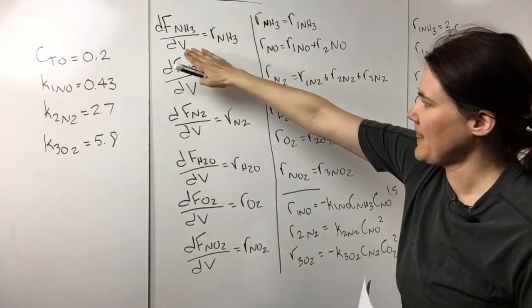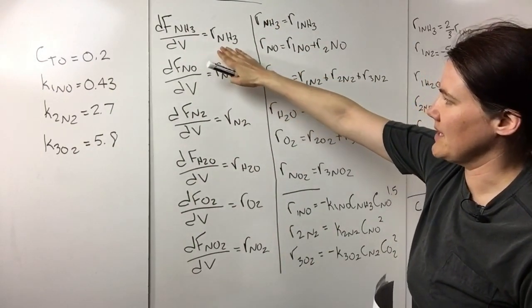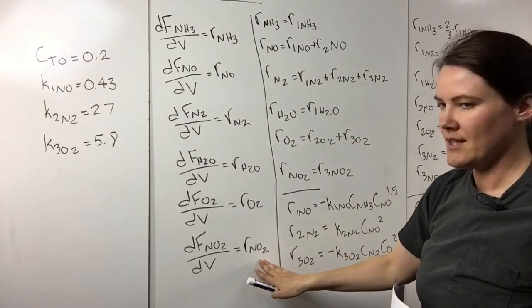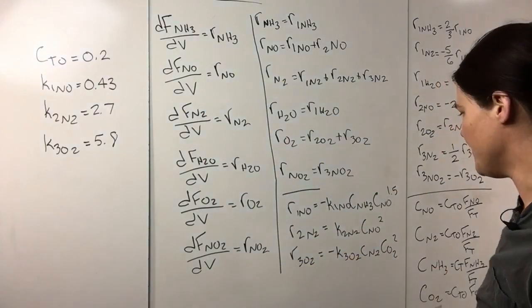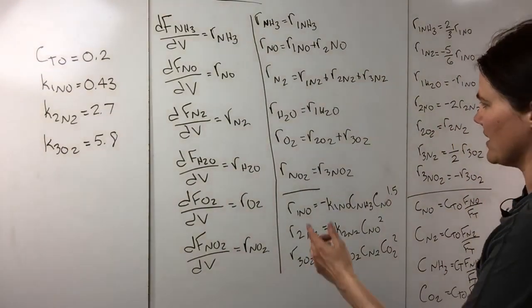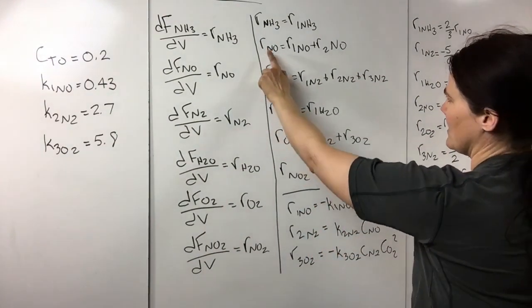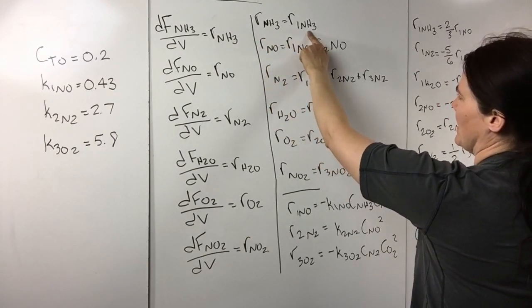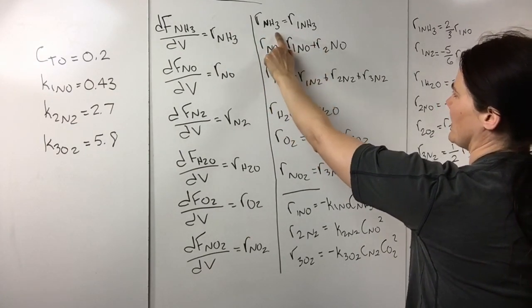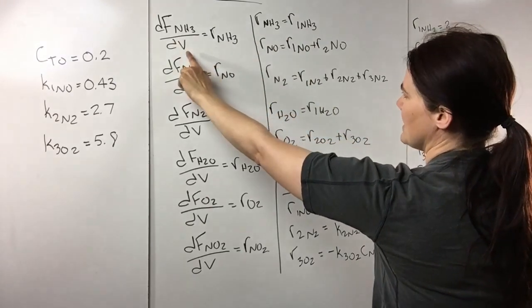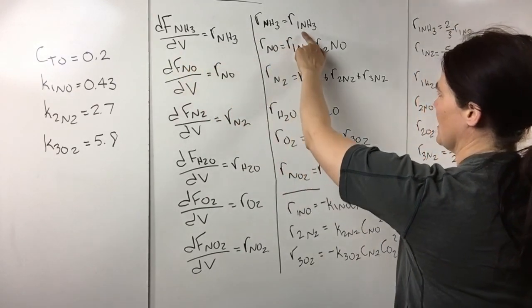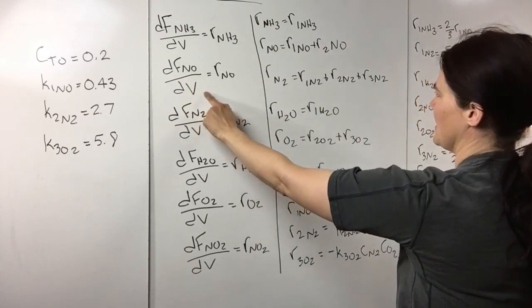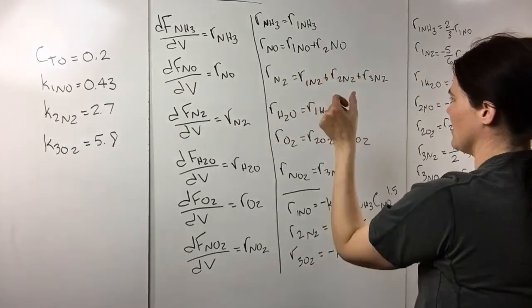So we have dFNH3 dV equals R NH3, and we have that for each species. And theoretically you could also enter, so I have R NH3 equals R1 NH3, so theoretically you could put dFNH3 dV is equal to R1 NH3, and for this one you could put dFNO dV is equal to R1 NO plus R2 NO.